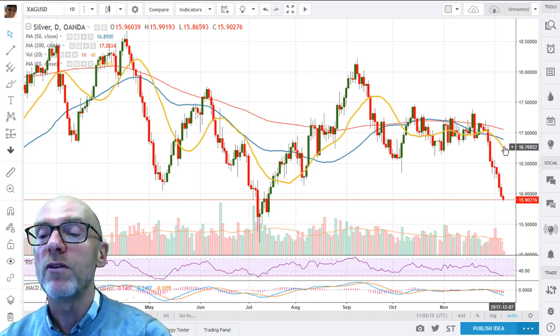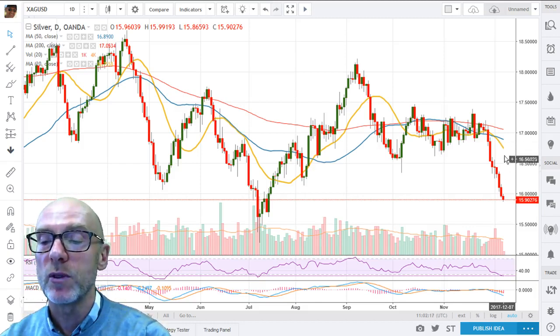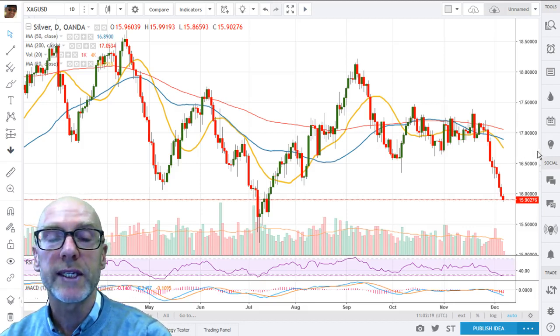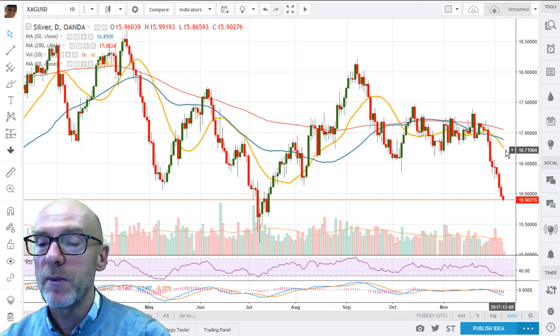We are overextended, however, from those moving averages. You can see the 20 coming in at the 1675 level, and the present spot price 1590, so quite overextended.